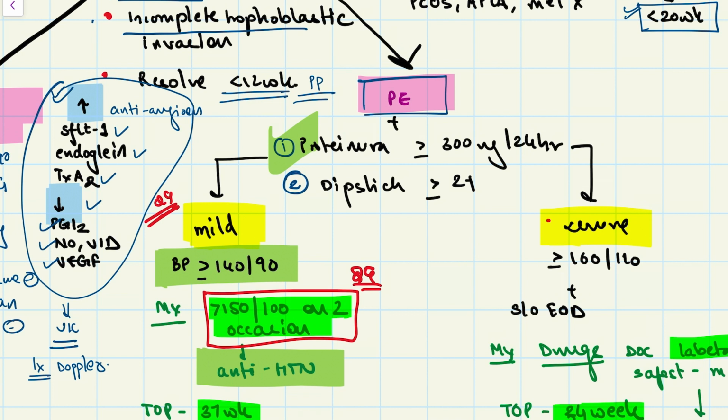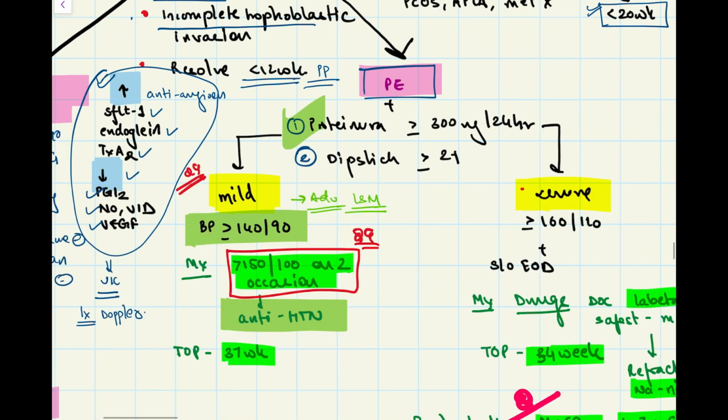If the BP is less than 150/100, then first we advise the patient lifestyle modifications. When the BP rises to more than 150/100, antihypertensive medications are started like labetalol, hydralazine, nifedipine and alpha methyl dopa, the drug of choice being labetalol, and the pregnancy is terminated at 37 weeks.